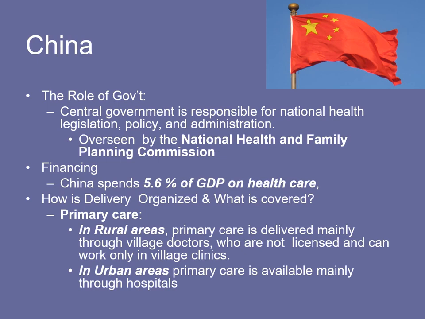Their choices and their autonomy tends to be fairly good. However, in rural areas, that is not the case. Primary care is mainly delivered through village doctors who are not necessarily licensed, can only work in village clinics, and have very limited training and resources. Therefore, rural dwellers in China have very few choices, and their autonomy is quite limited.